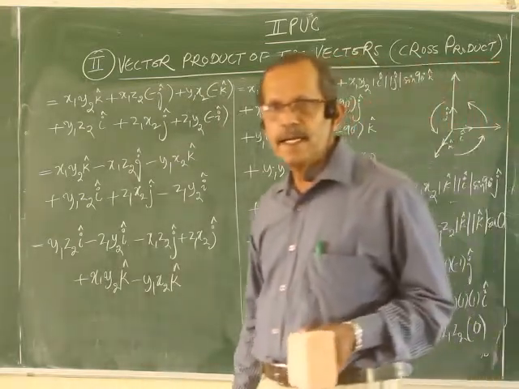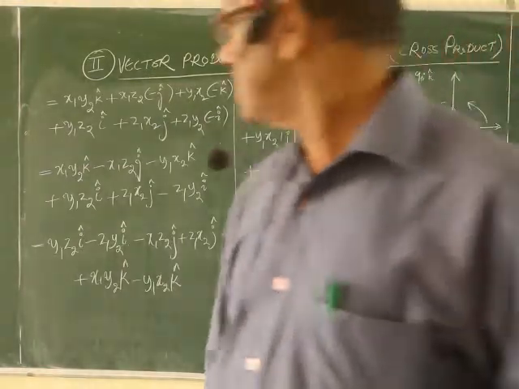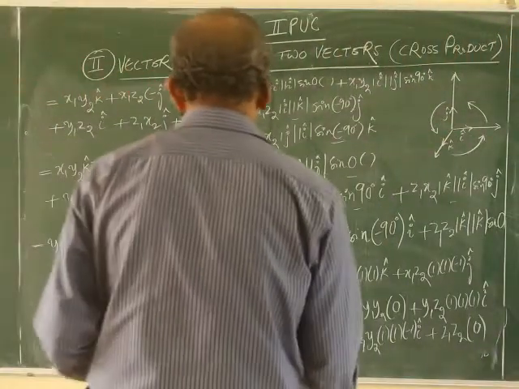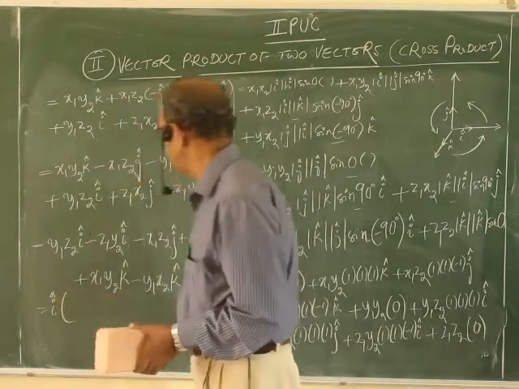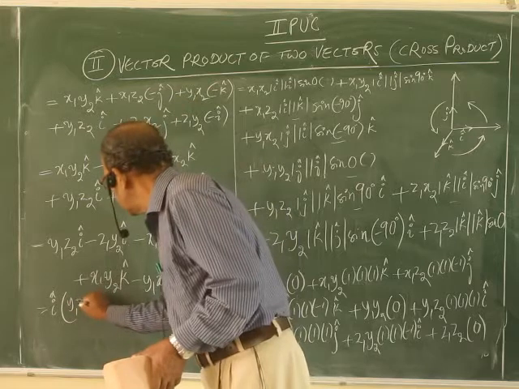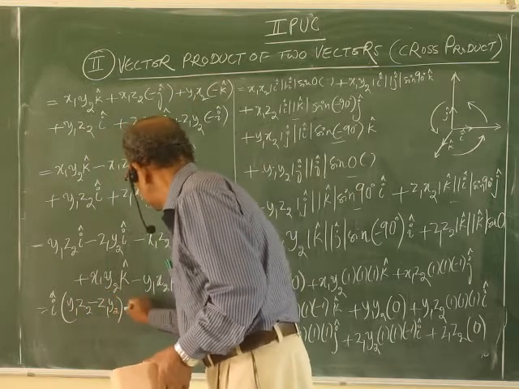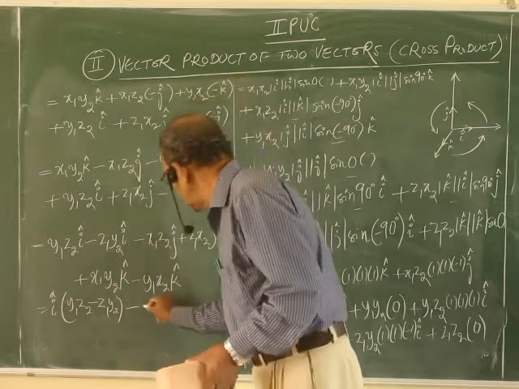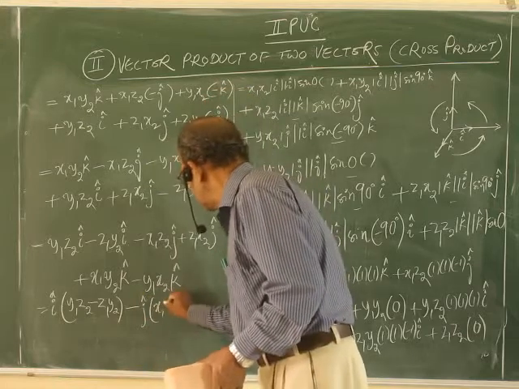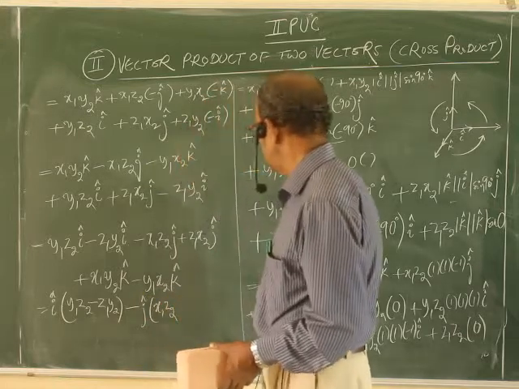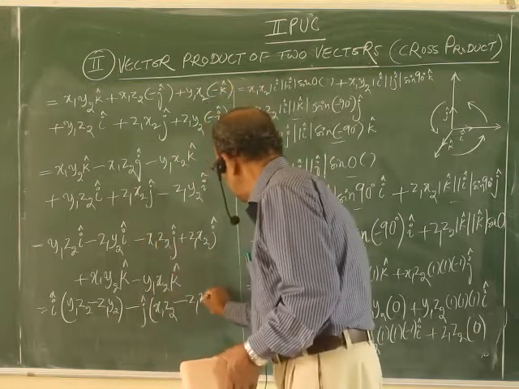Write the vectors containing I, j, k together so that you can remove I outside. I into y1 z2 minus z1 y2, minus j outside x1 z2 minus, because you have removed the minus sign outside, z1 x2.